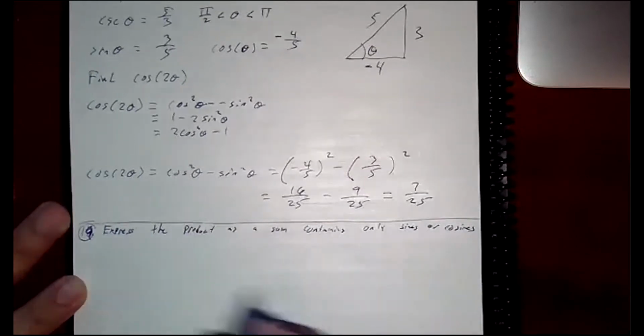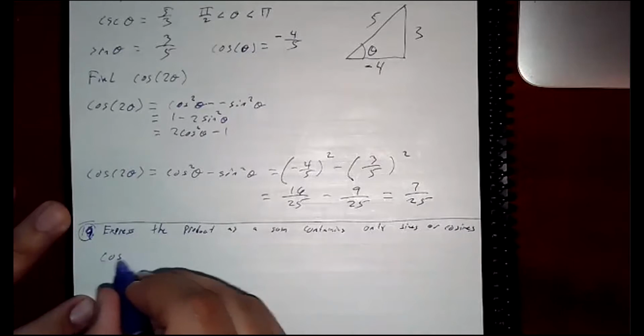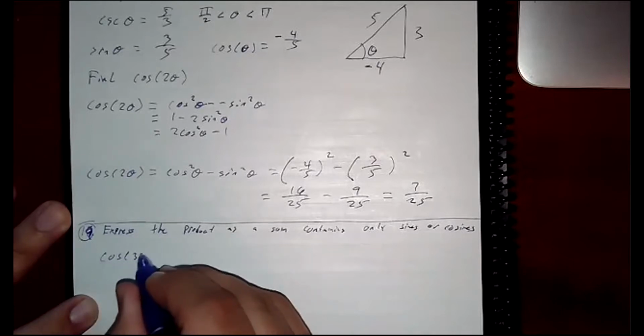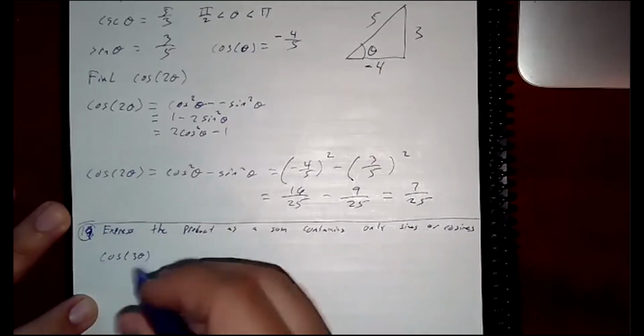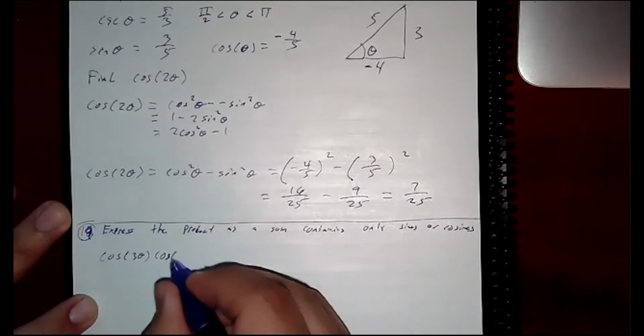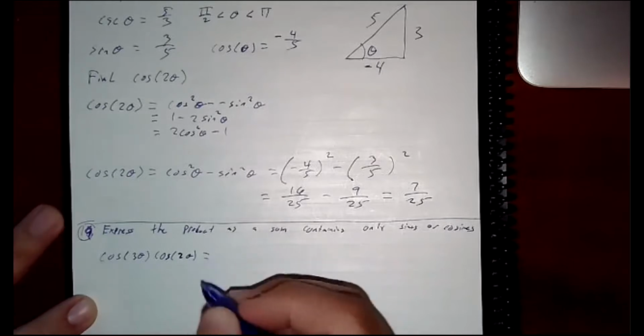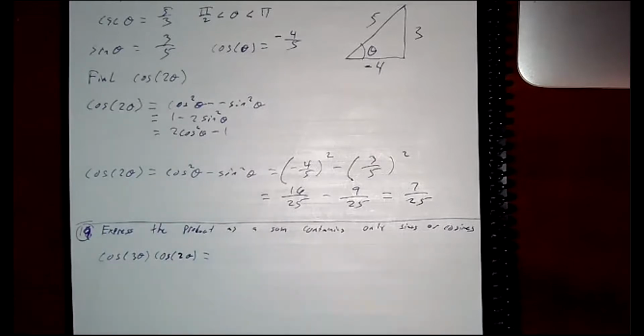This is the last thing we did. So here's cosine 3 theta. I think it was the last section in chapter 8. So we use the product to sum formulas, right? So let me look those up real quick.